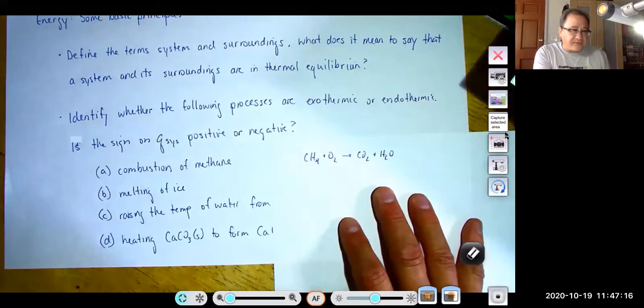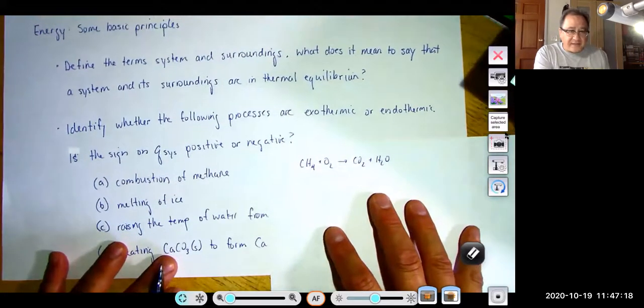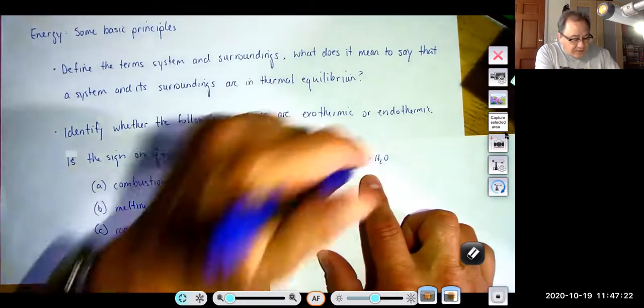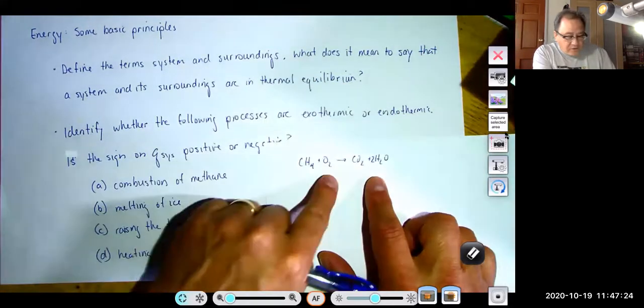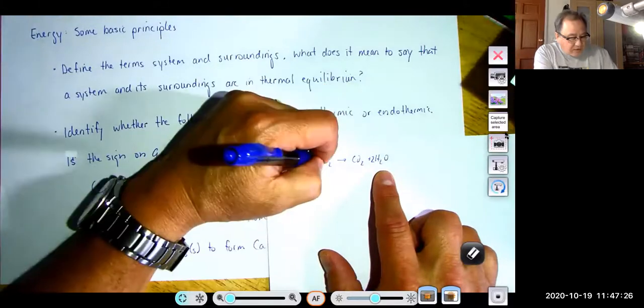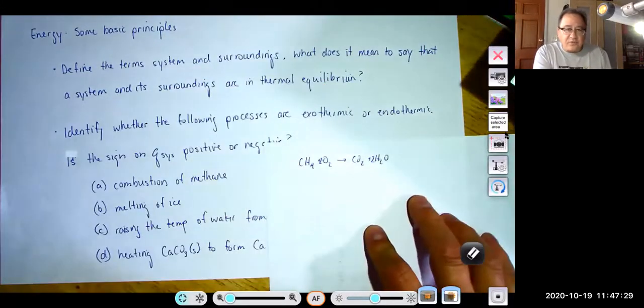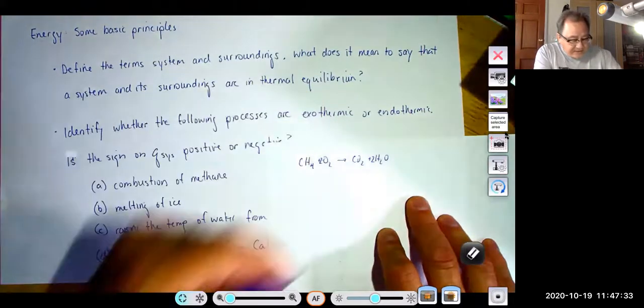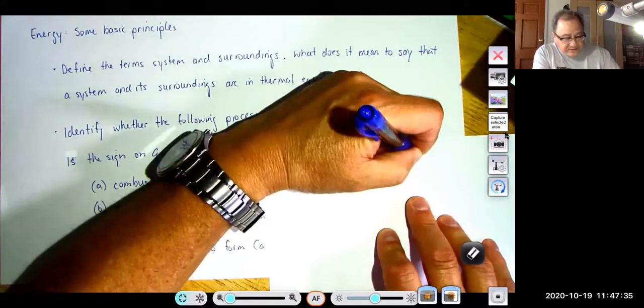And we can probably balance it pretty quickly because one carbon, 4 hydrogens, now 4 hydrogens, 4 oxygens, now 4 oxygens. Okay, so when you combust this methane, you get heat. Heat is actually a product.